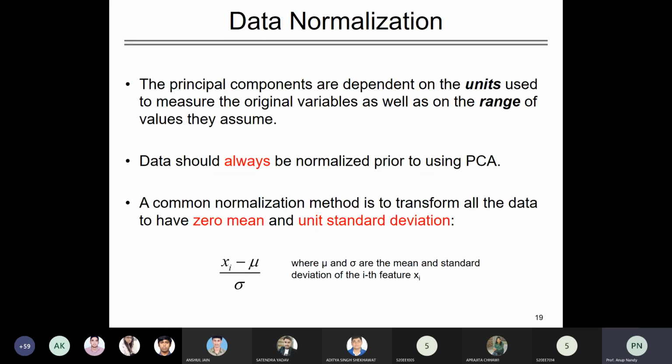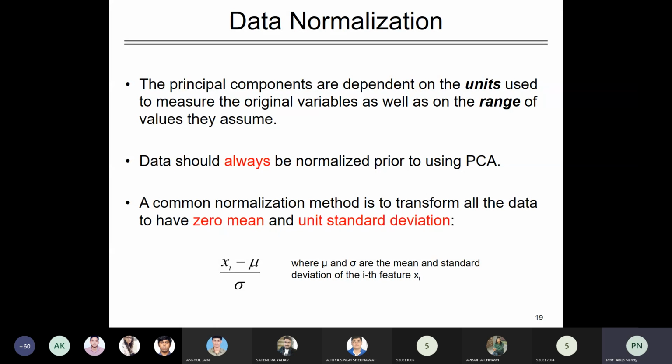Another thing is called data normalization. The principal components are dependent on the units which are used to measure the original variables, as well as the range of the values. So data should always be normalized prior to using PCA.